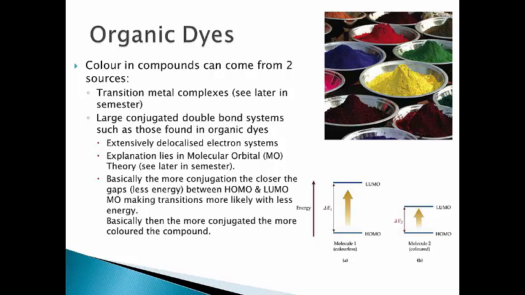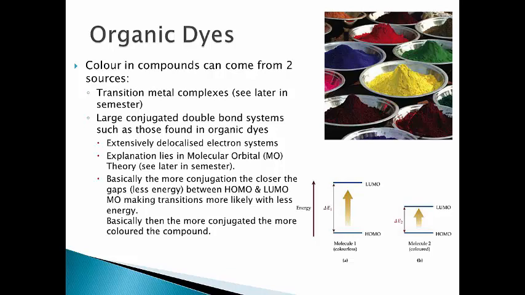So they're extensively delocalized electron systems, and the explanation for these colours relies on molecular orbital theory, which is near the end of the semester, and we'll be talking about HOMO and LUMO energy levels. The more conjugated the system is, the closer the gap between HOMO and LUMO.